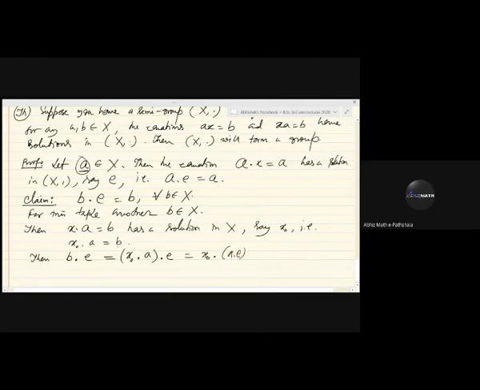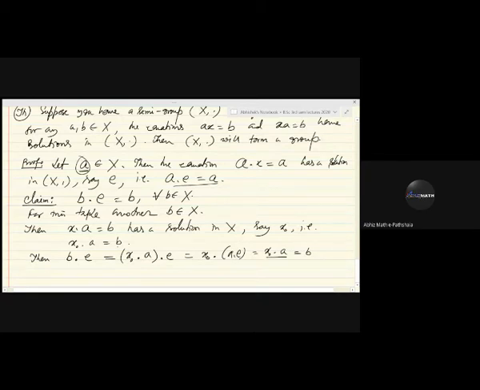A dot E is A. It is X naught dot A. So again you have the same one, X naught dot A. So this will be B. Fine.